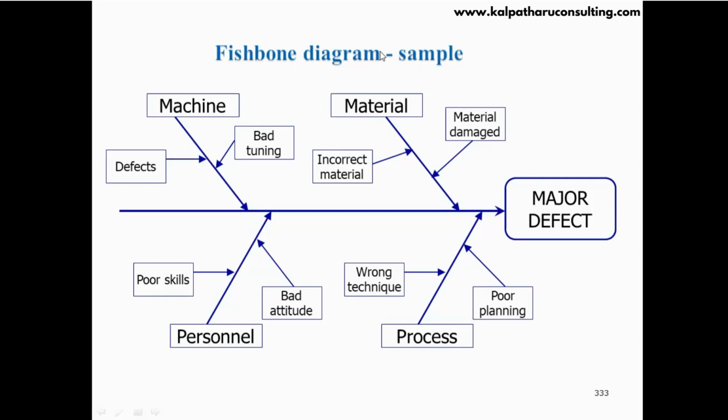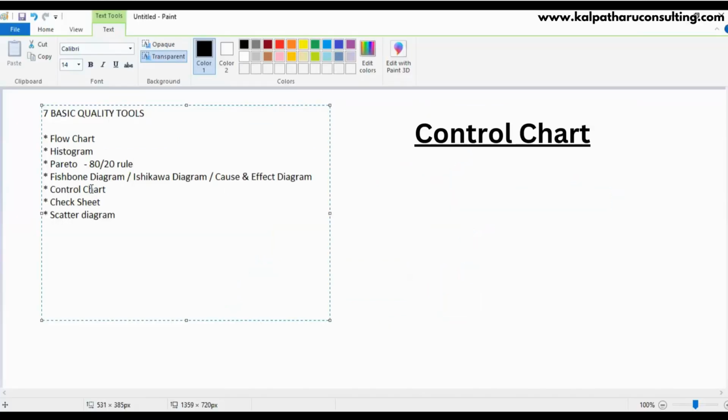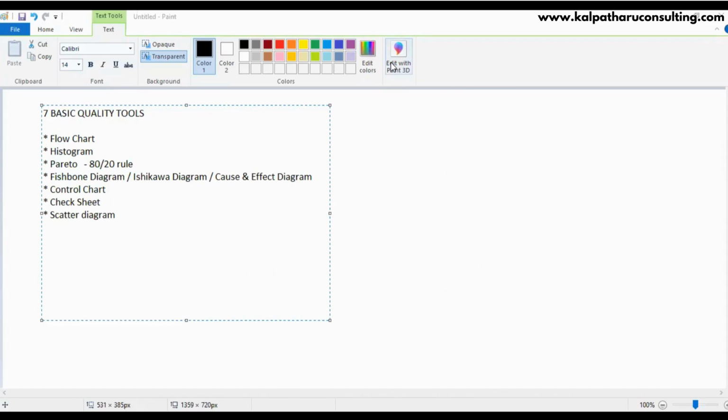Now, what other tools are yet to be covered? Control chart. With a control chart, we check whether the project is within control or not. When I say within control, we will have certain limits or metrics which we have signed up with the client. Let's say for accuracy, your client would have said the minimum should be 90%.